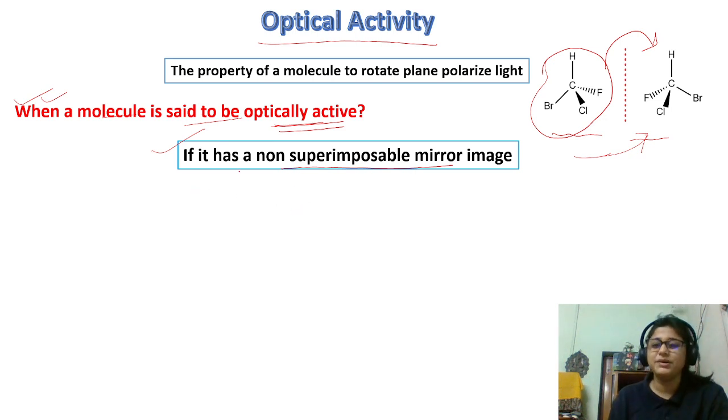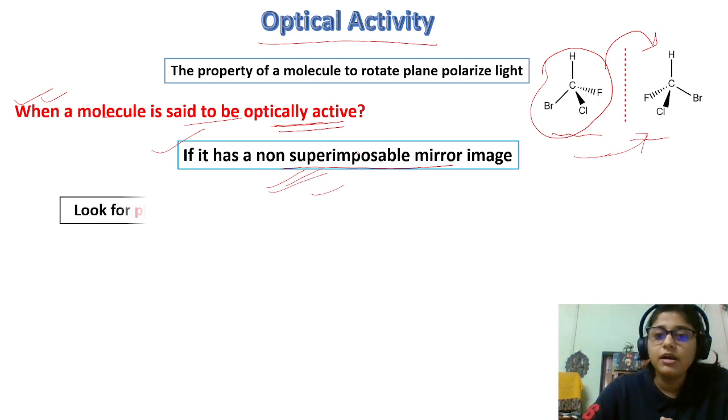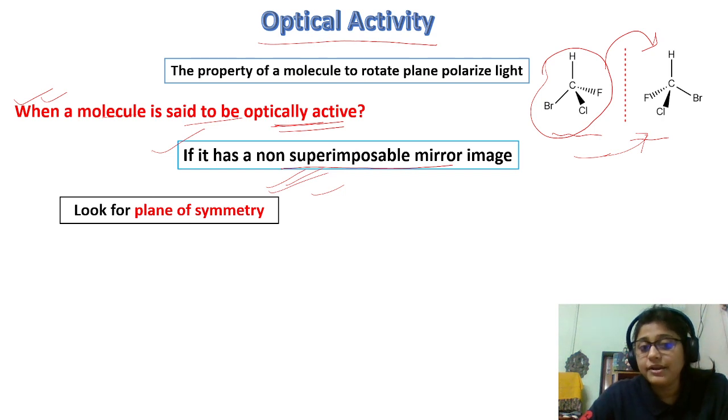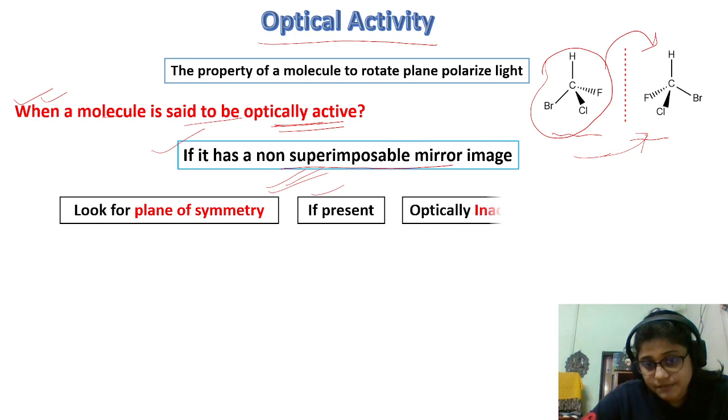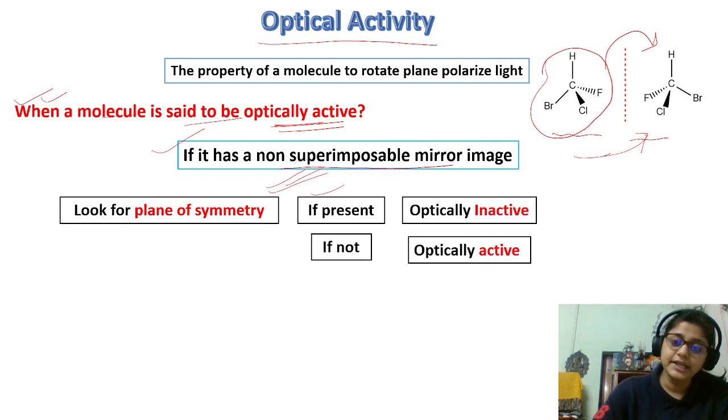Because it will be a very time-taking method, and your mind will be frustrated by then. So look for a plane of symmetry. If a compound is given to you, draw the structure. Look for a plane of symmetry. If present, optically inactive. If not, optically active.